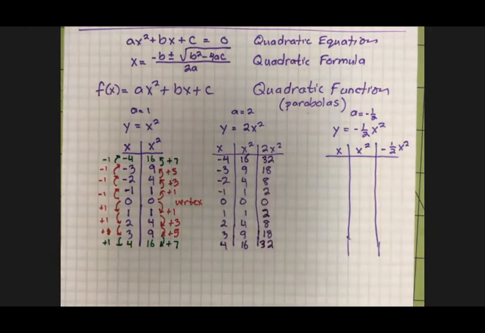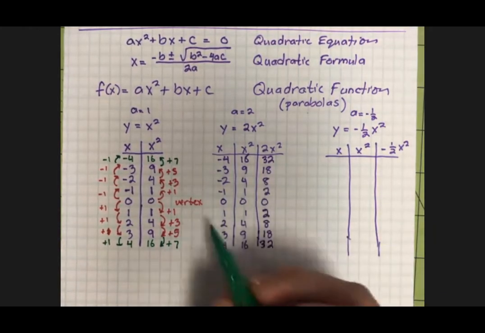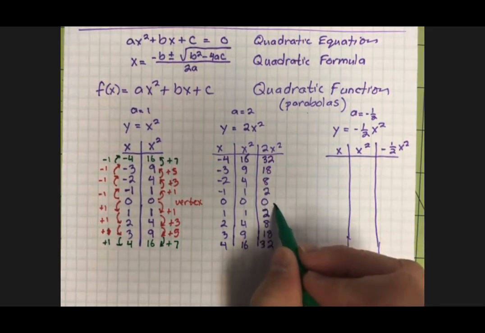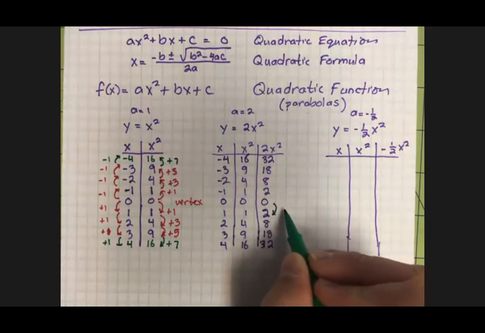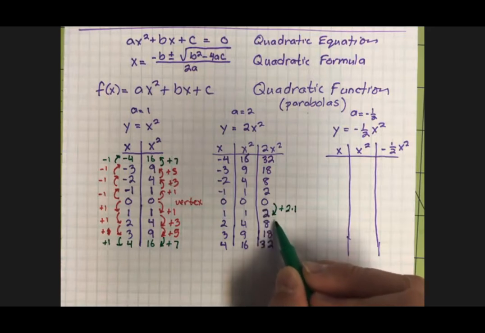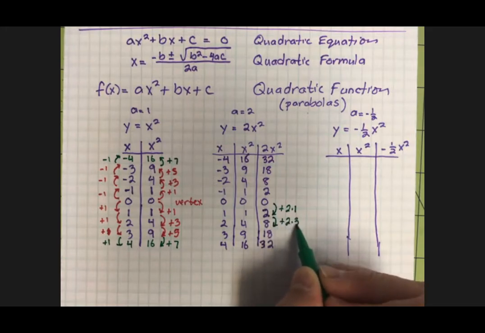And your first reaction is, well, the 1, 3, 5, 7 went out the window. But write down what you did do. Do you see that this is +2 times 1 when you moved up 2? Do you see that from 2 to 8 is +2 times 3?